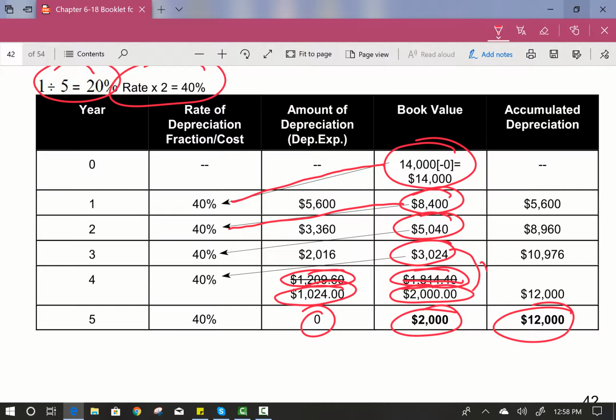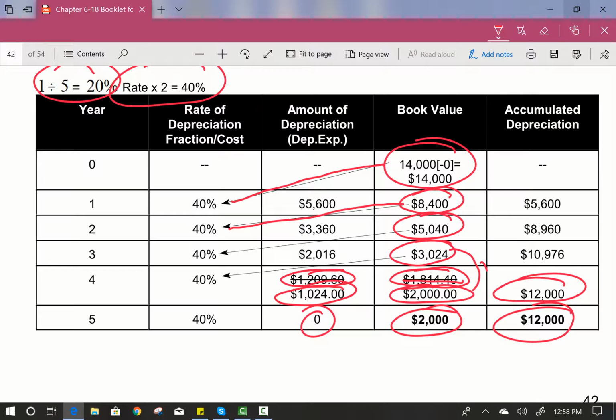So the accumulated depreciation is $5,600 plus $3,360, the second year depreciation expense, to give us $8,960, plus the 2,016 to give us $10,976, plus 1,024 to give us $12,000.